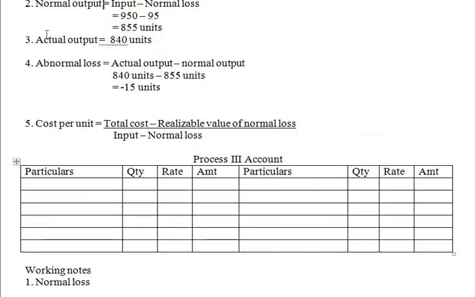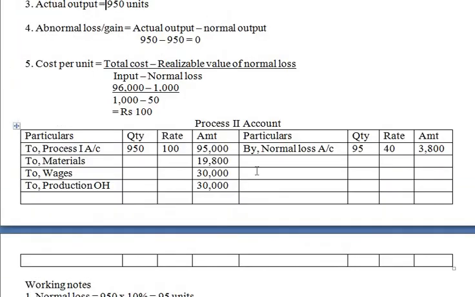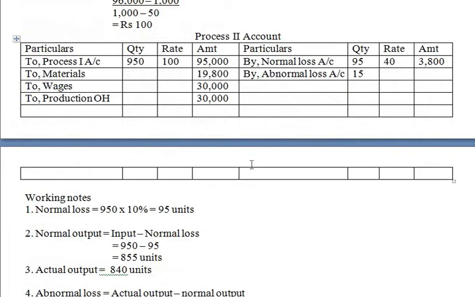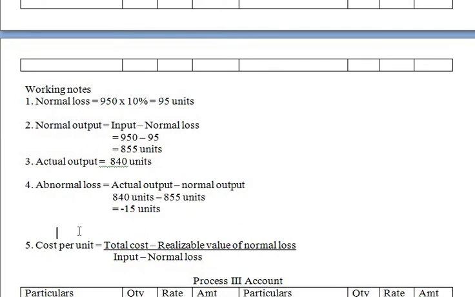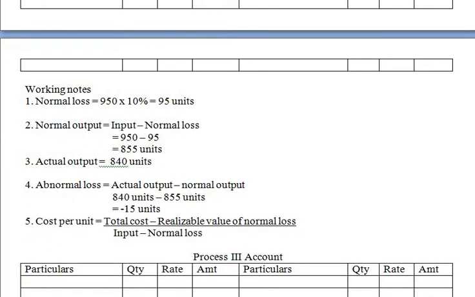Now normal loss, abnormal loss, we are going to record it on the credit side by abnormal loss account of 15 units. It is recorded at cost per unit. So we need to find out cost per unit for this.